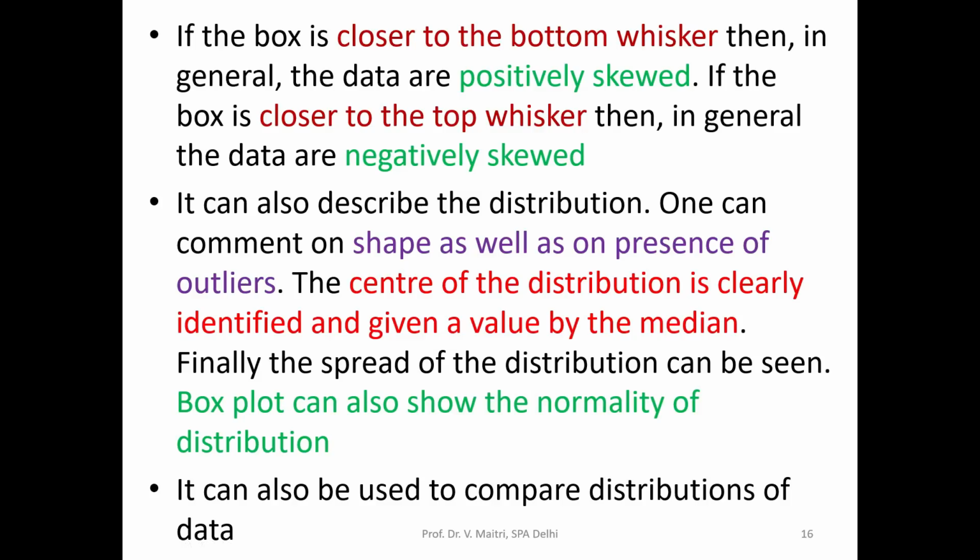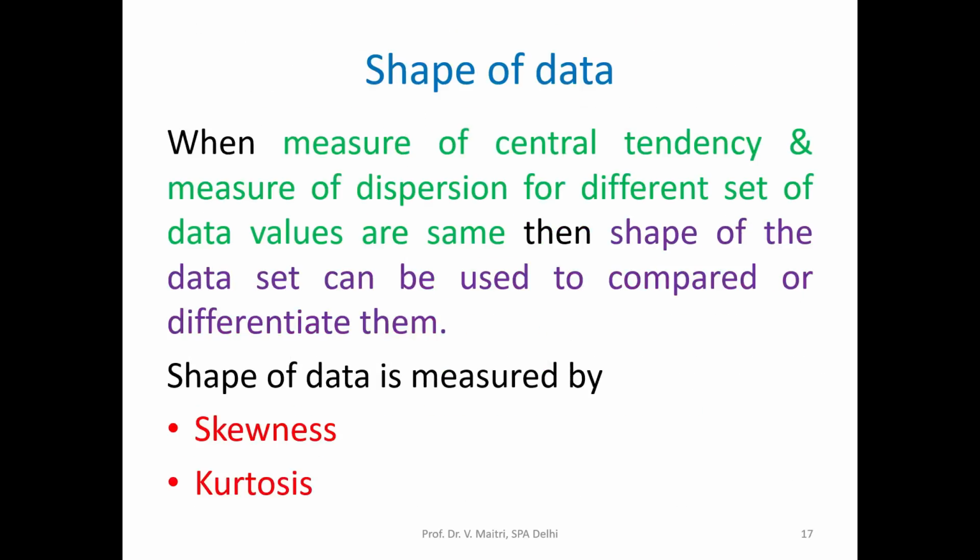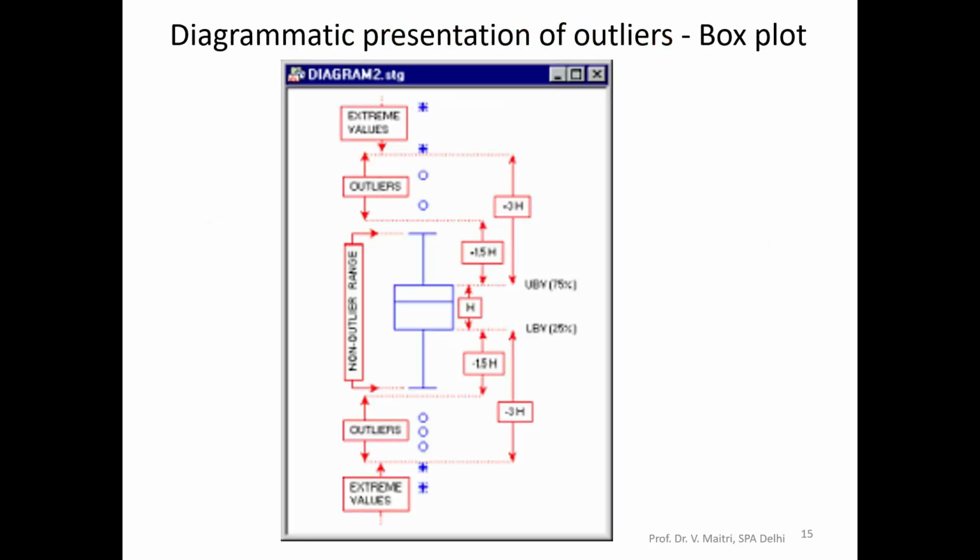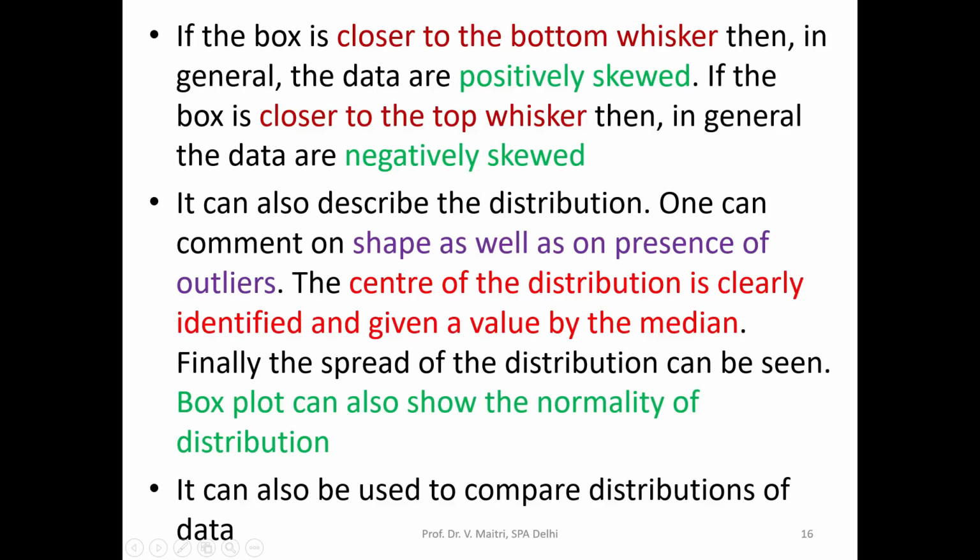So if the box is closer to the bottom whisker, these are the whiskers. Now if this box is lower like this, we can say the data is positively skewed.